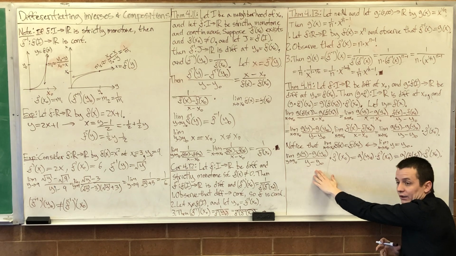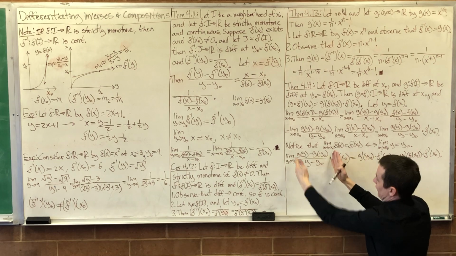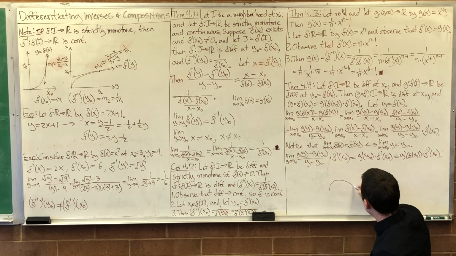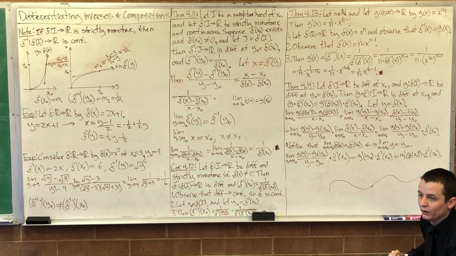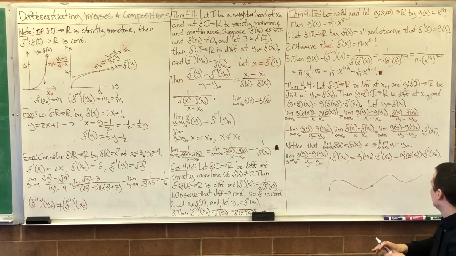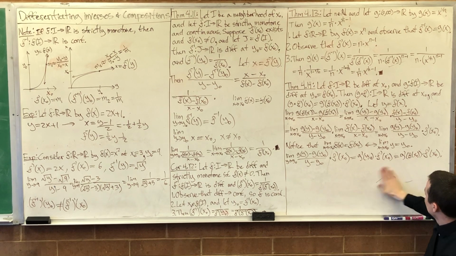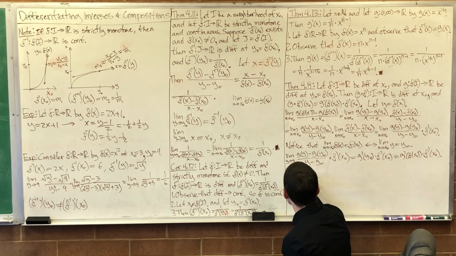Now we need to deal with our one technicality, h of x. Because when we look at this function, if we were to graph this whole function, it's possible that it has a hole at y equal to y naught. And so we basically need to fill in the hole. That's essentially what our auxiliary function is going to do. So we're going to create an auxiliary function, h of x.